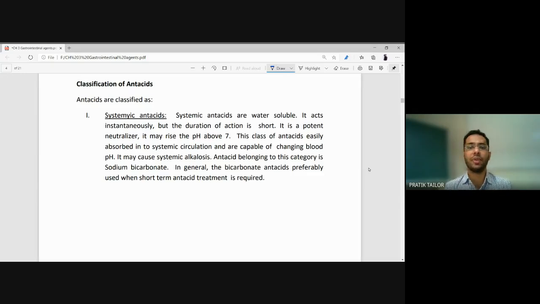So it should be soluble in water, and one example which is soluble is sodium bicarbonate. It is water soluble, goes to systemic circulation, and can produce the side effect of systemic alkalosis.